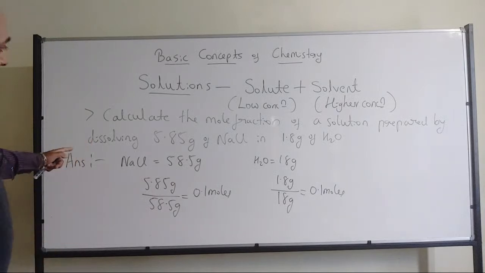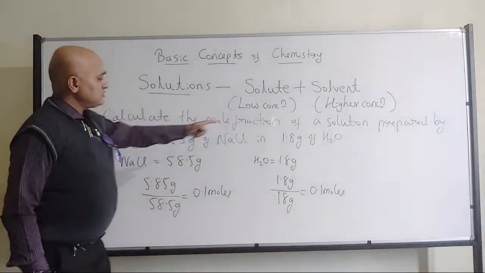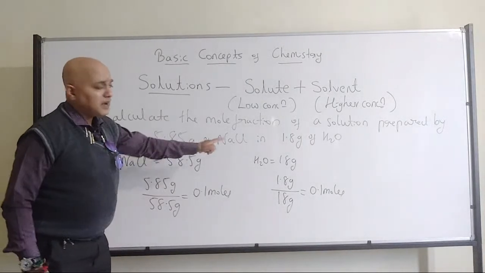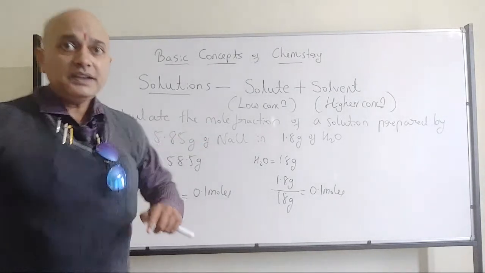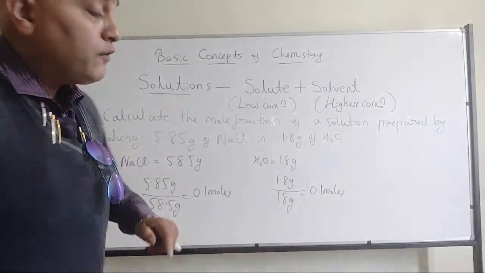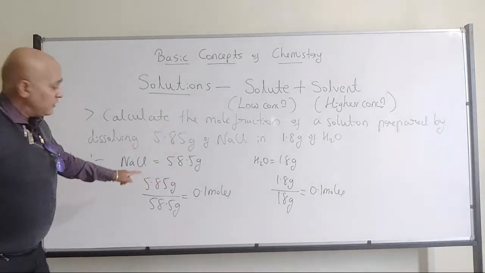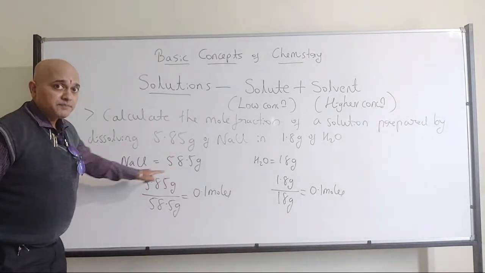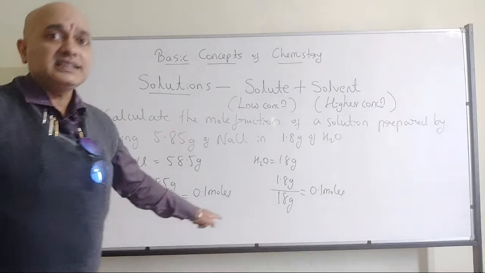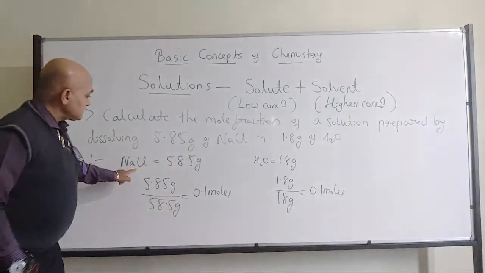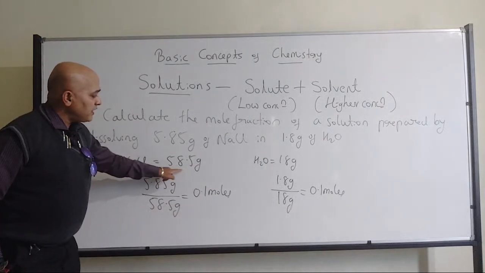So what I mean to tell you is, see here, the solution is prepared by dissolving 5.85 gram of NaCl. To find how many moles of NaCl there are, we should know the molar mass, which is 58.5 gram.